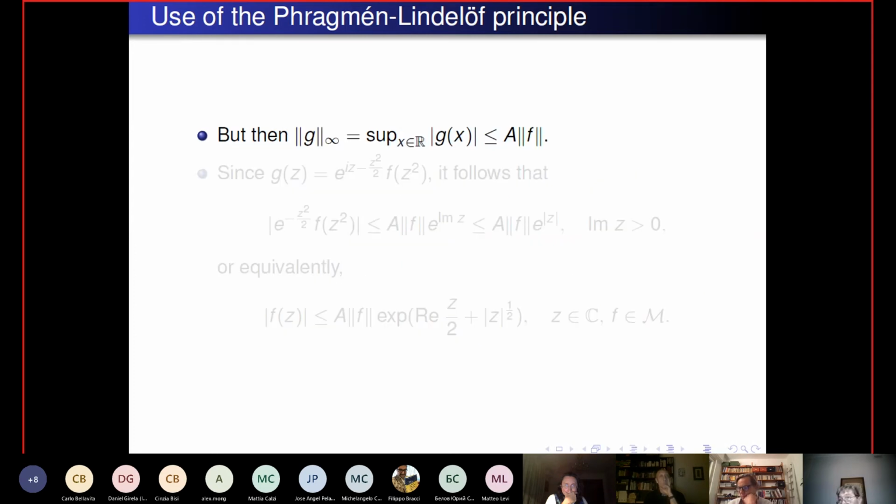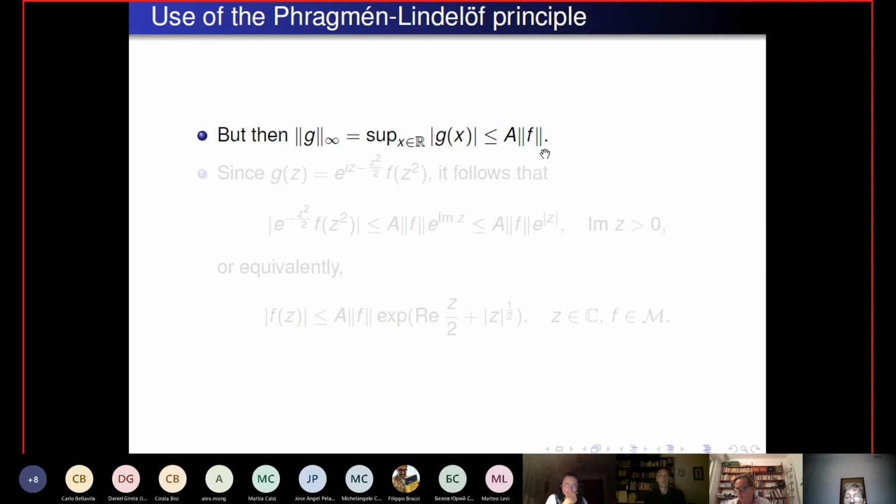But then the supremum is computed on the real line, right? Because these are Poisson integrals now. So here you have the right estimate. A is independent of F. It's only the norm of F which appears there.